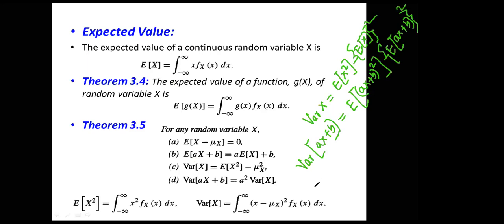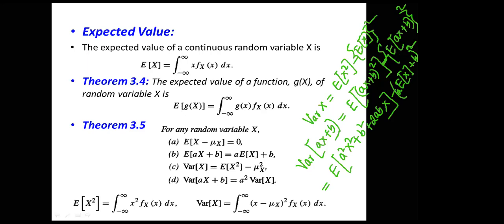Do you agree? Yes, sir. Equals to what? We can write here the expected value of a square x square plus b square plus 2abx, and then minus the expected value of ax plus b whole square. That means a into the expected value of x plus b, whole square.